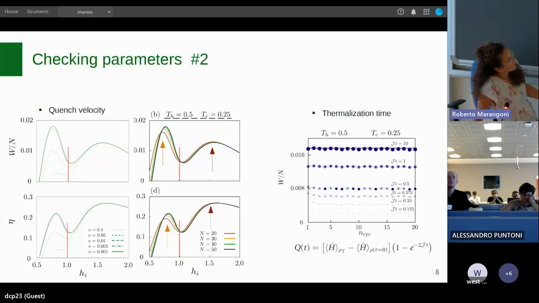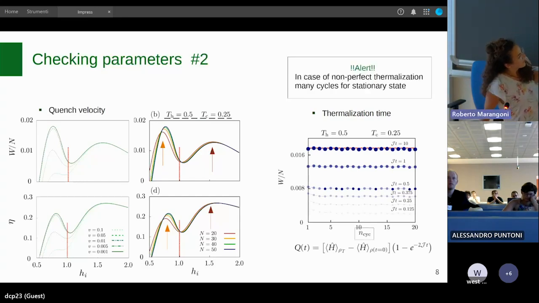About the thermalization time, I told you that the thermalization goes exponentially with the bath density of states. So you can evaluate how the work changes. All the simulations have been done for the same parameters as this one. This is just the work. It's a little bit different because, if the system is not perfectly thermalized, you are not at the beginning in a stationary state.